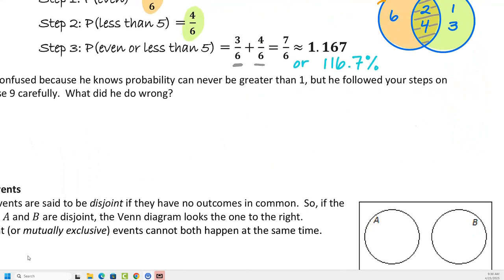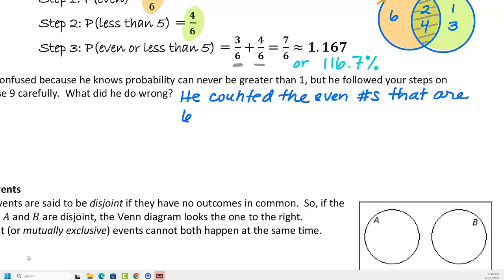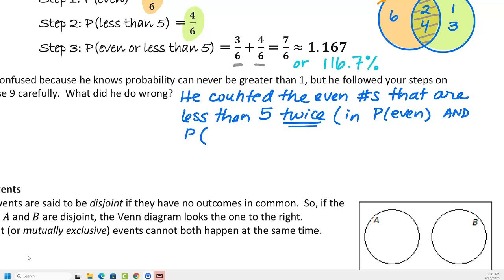So let's write that into our notes here. He counted the even numbers that are less than 5 twice, meaning in the probability of an even and in the probability that it's less than 5.